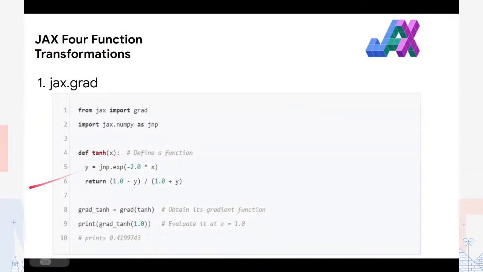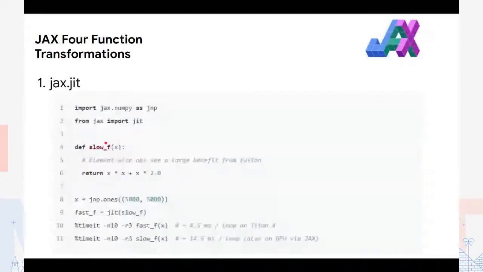Good. Moving now to the second transformation function, which is just-in-time. We talked about it a little bit in the last session. This just-in-time function is used to compile a given function.